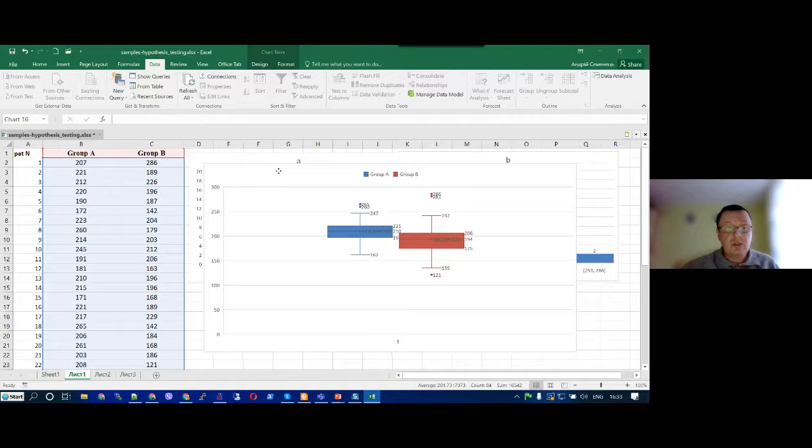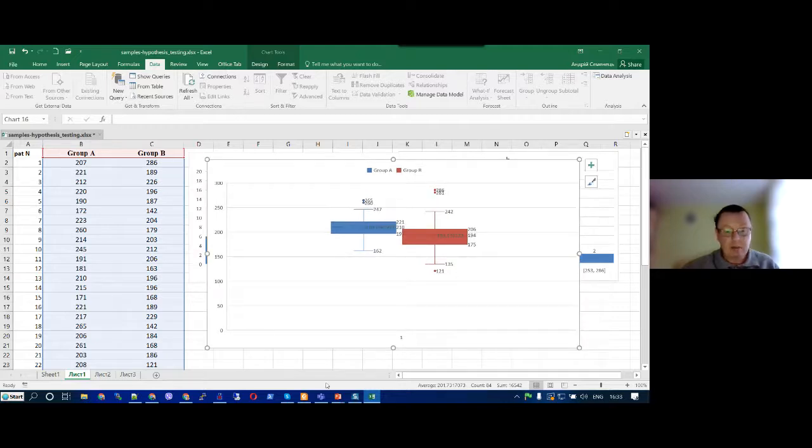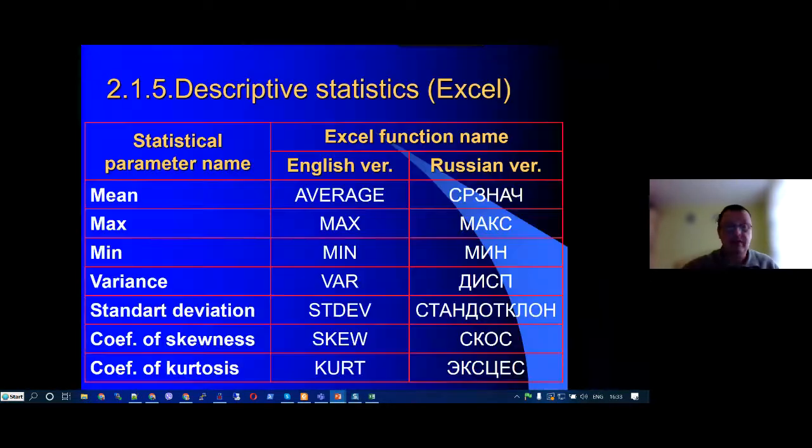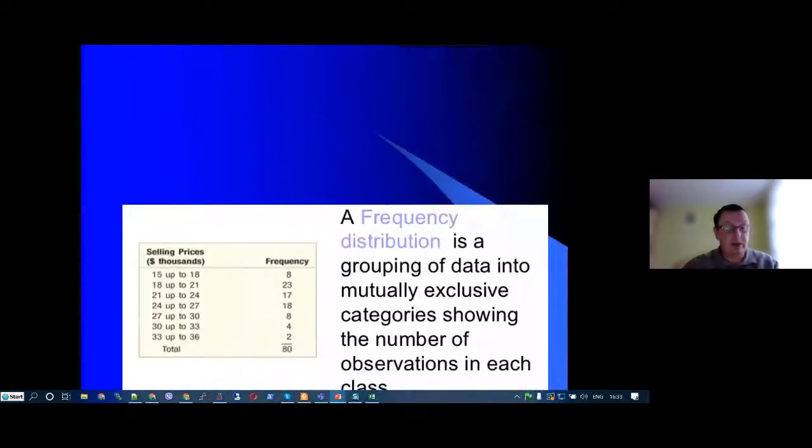But to do it properly, we have to be aware of data types and choose, especially if you talk about charts, the proper chart type depending on data type.